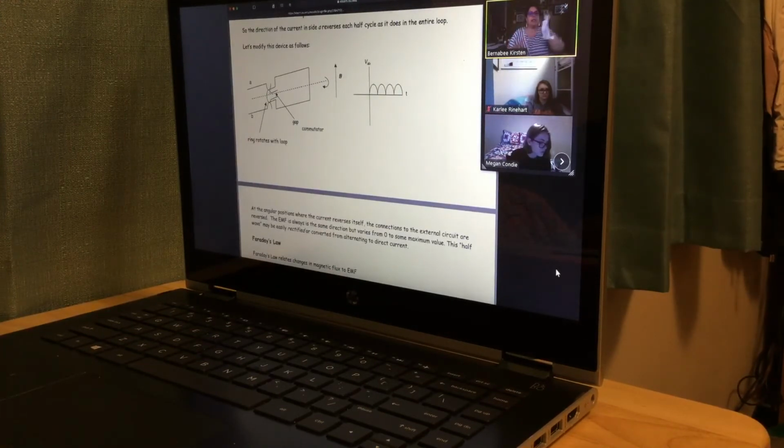Let's say when it gets to this point, we actually cut the connection so that there's no current flowing through here at all. And we just let inertia carry it through. So what you would get is a voltage that looks more like this picture here. You don't get any negative values. That can be used to charge a battery.